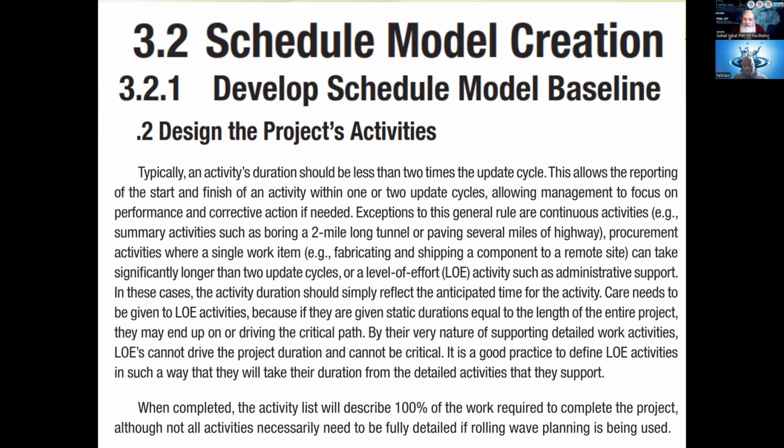Therefore, if it is decided that your progress reporting would be on weekly basis, then your activities should be at least less than half of that duration. That is the maximum size for an activity defined, means 2 to 3 days. Every activity should be 2 to 3 days.